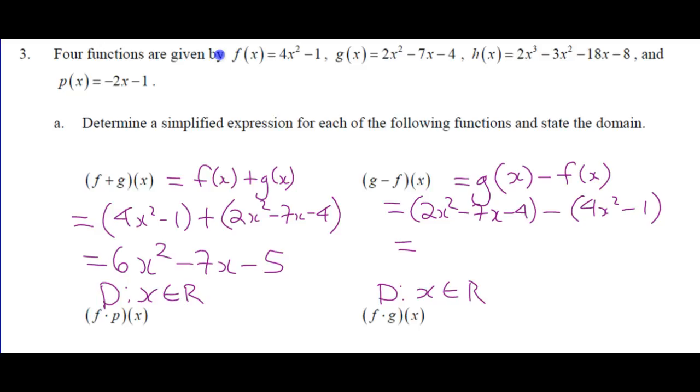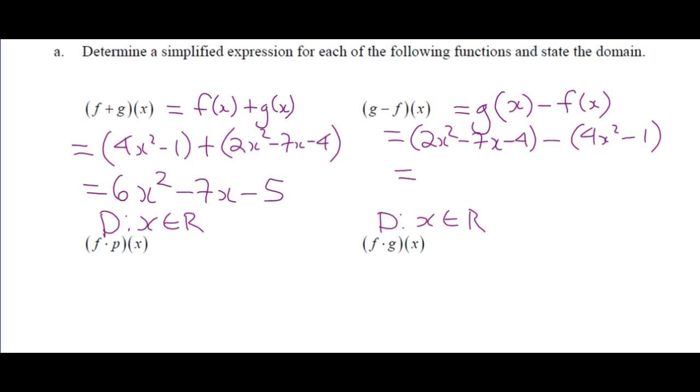So I'm just going to keep that in mind as I do it. If you find you're having problems when you subtract one function from another, then just do an extra line where you write it out explicitly. Negative 2x minus 7. And the domain is.